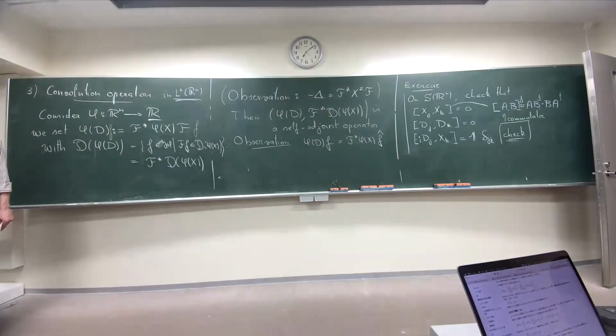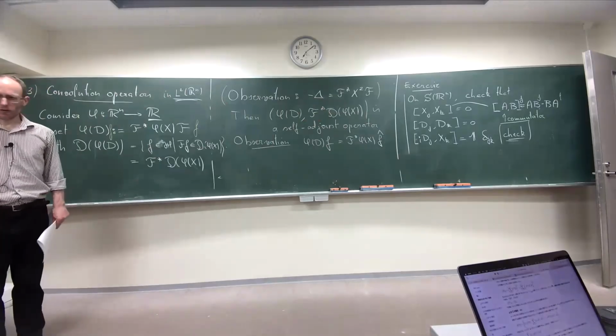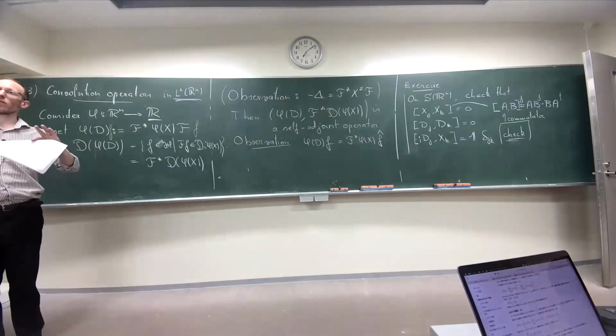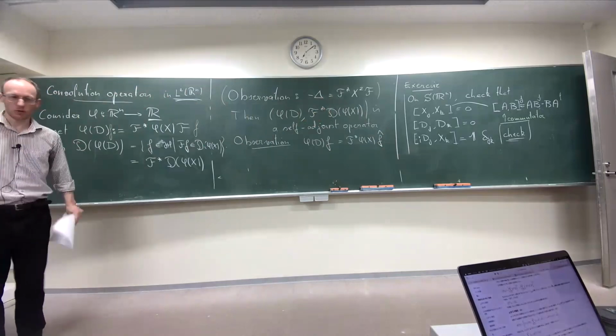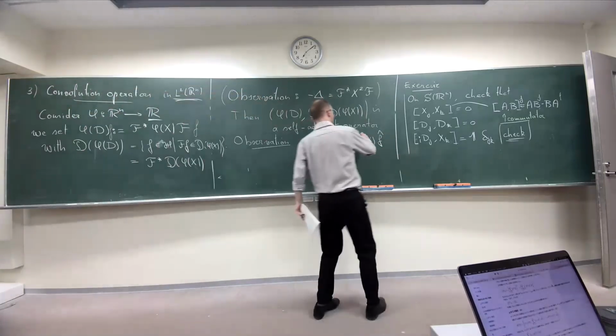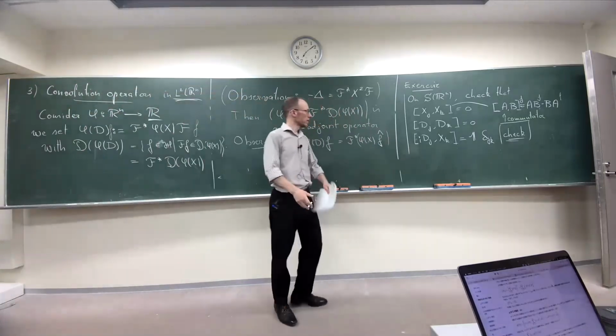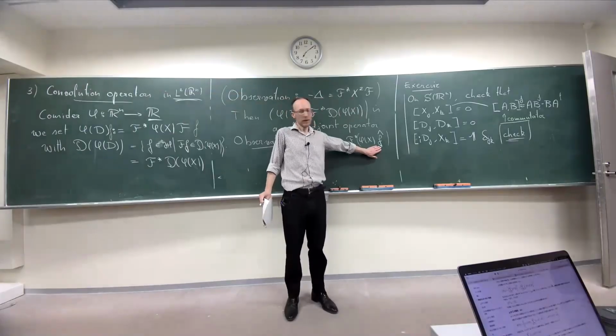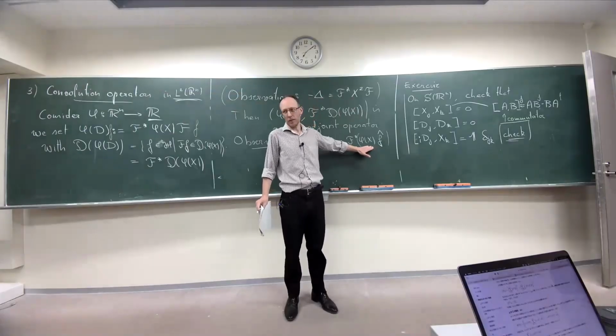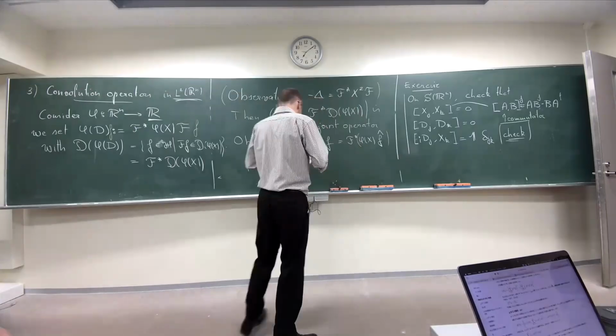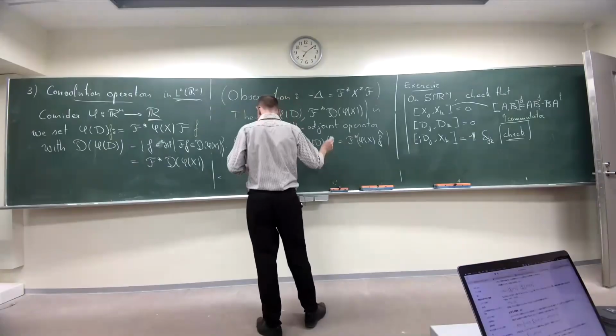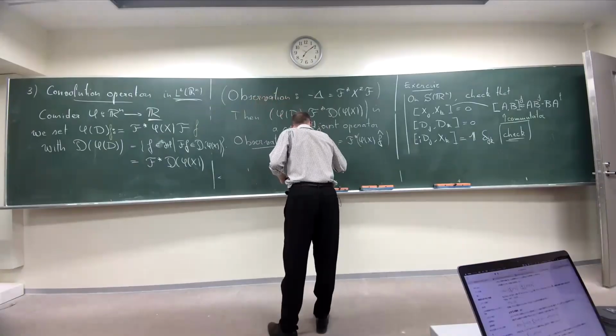In the chapter about distributions, I said the Fourier transform turns a product into a convolution. This is a product of two functions, f hat times phi, and we take Fourier. You can check this.